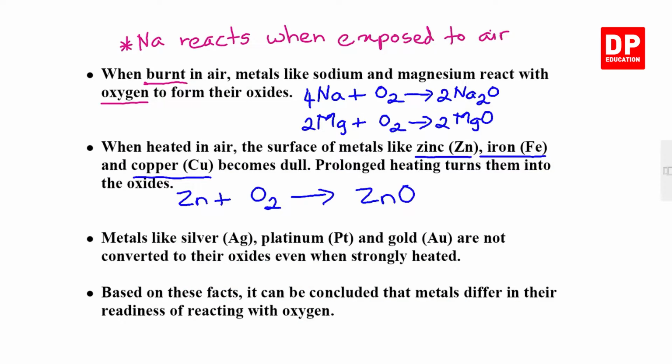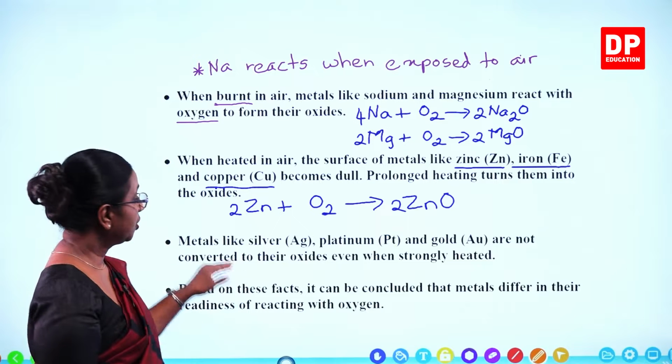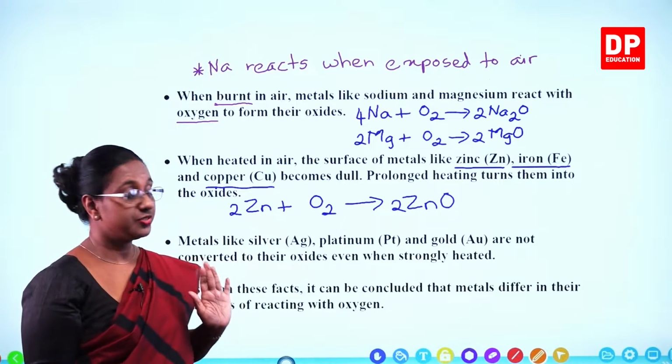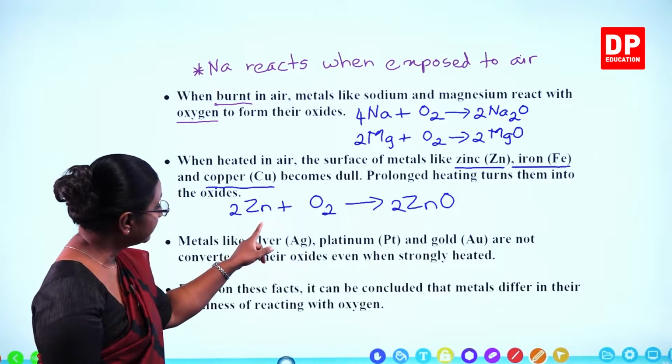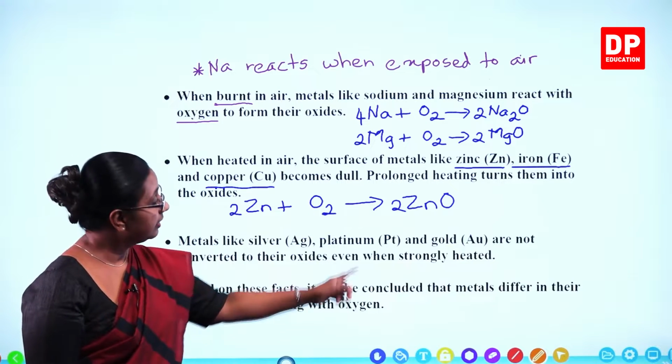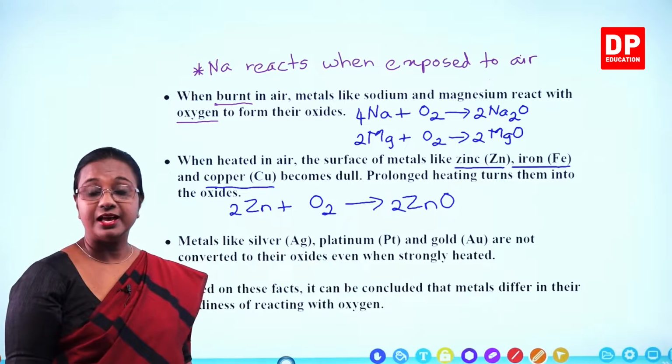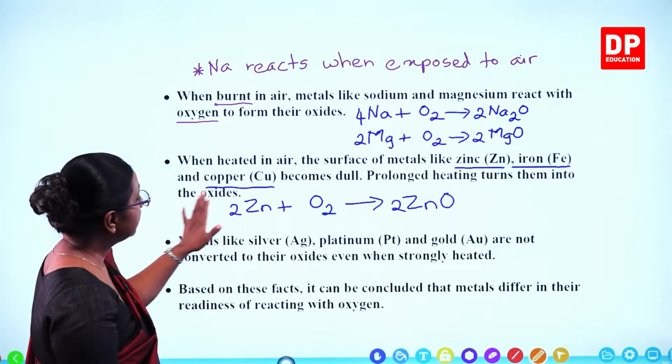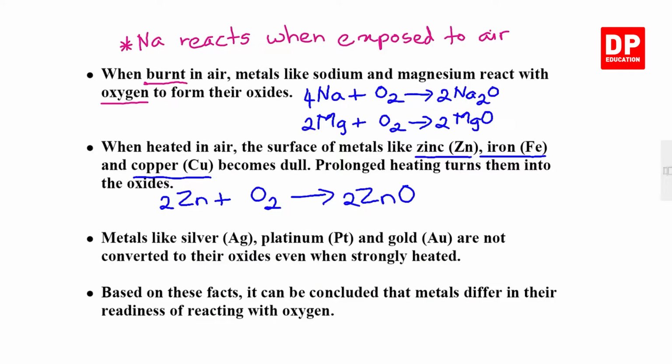To balance oxygen, you put a coefficient 2 in front of zinc oxide. Then to balance zinc, you put a 2 there. You are familiar with balancing equations now. So 2 zinc metal reacts with O2, giving rise to 2 zinc oxide. That is when there is prolonged heating. This is important: prolonged heating.